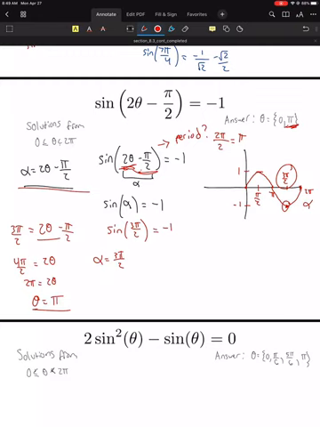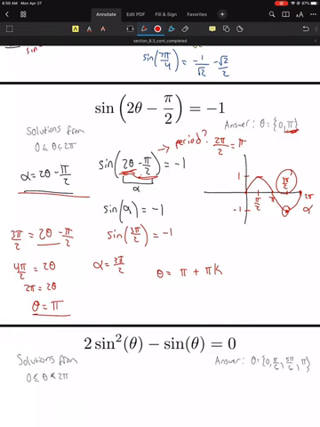Okay, and so if I were to write this out for all possible thetas, I'd write that theta is equal to pi plus pi k, and MyLabs Plus writes it where k is an integer.